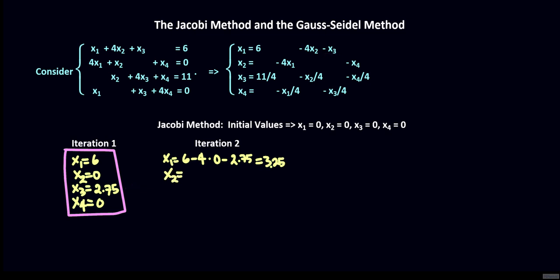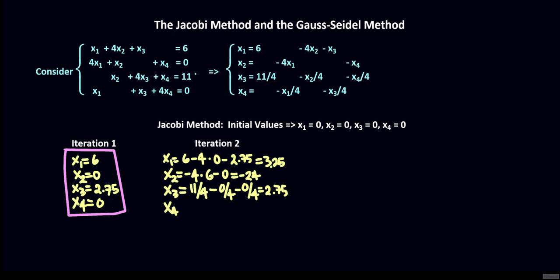The new value of x2 is minus 4 times x1. x1 is 6, minus x4 is 0, giving us minus 24 for the new x2. The new value of x3 is 11 over 4, minus x2 divided by 4, x2 is 0, minus x4 divided by 4, x4 is 0, giving us 2.75.